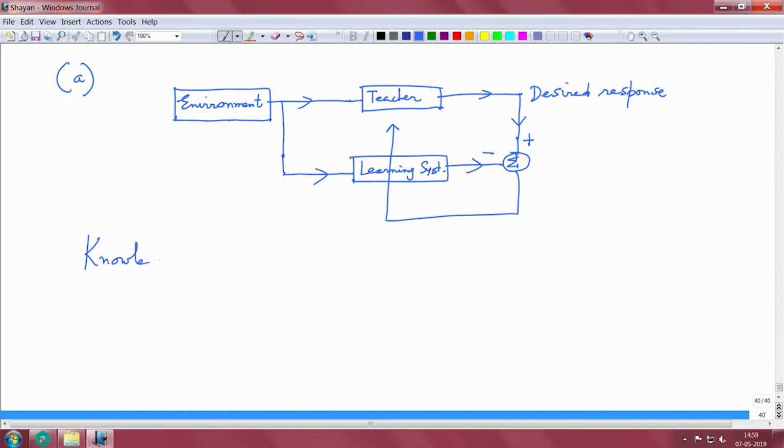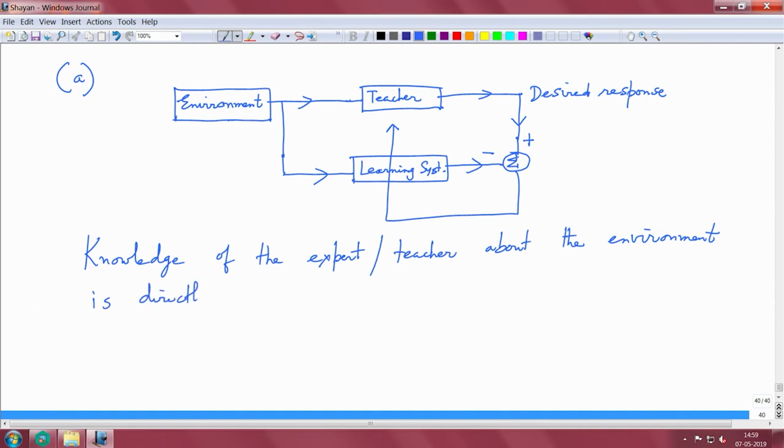So, knowledge of the expert, in this case the teacher, about the environment is directly transferred to the neural network via a training procedure, and what happens is the synaptic weights of the network learn the environmental variables.